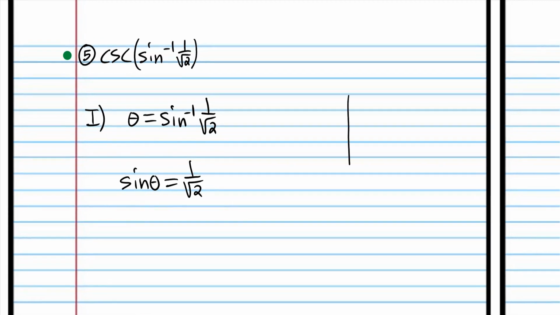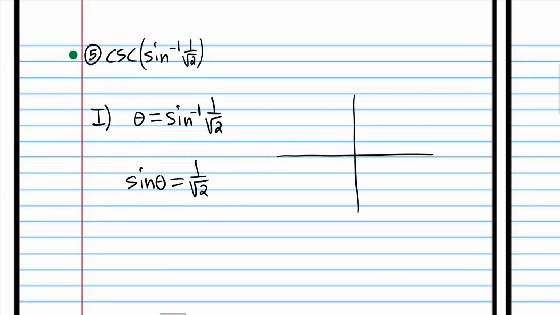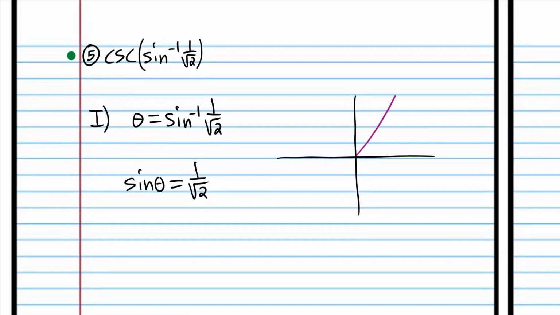So now we can draw some triangles, and sine is positive, so it's going to be in the first and second quadrants. And you probably recognize that triangle, or that ratio, that is a special ratio. And the reference angles are 45 degrees.